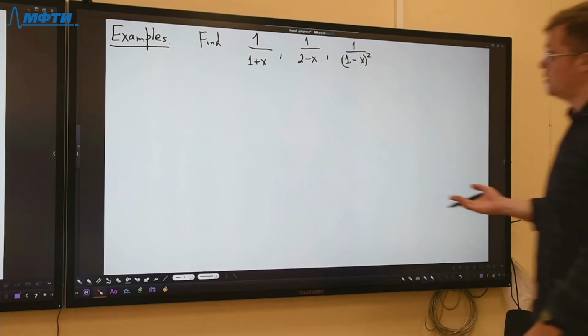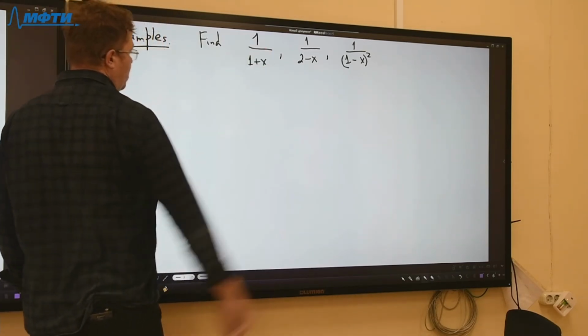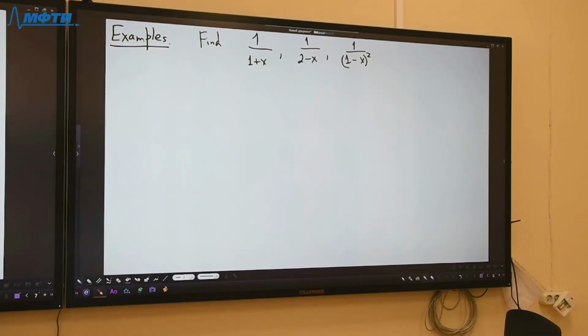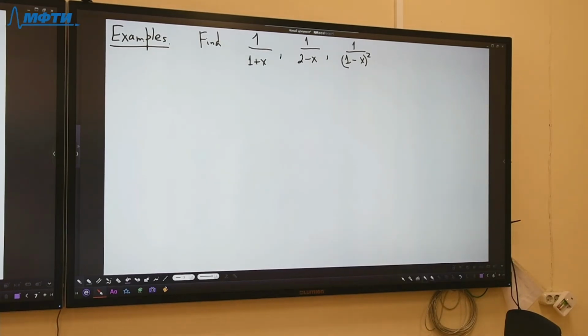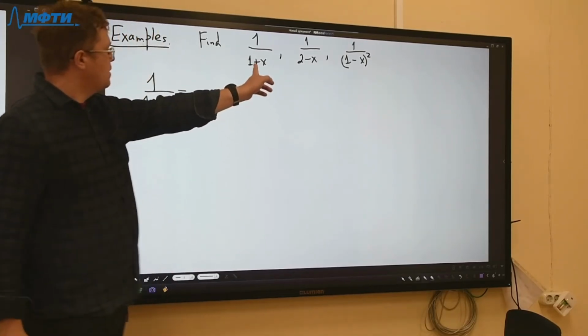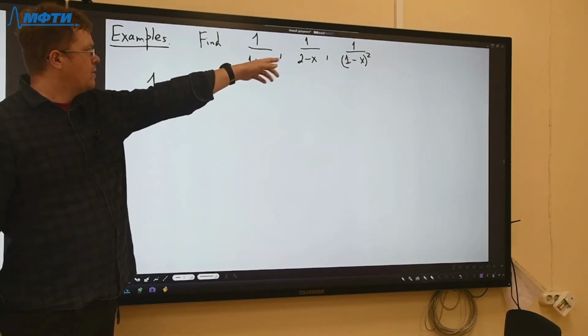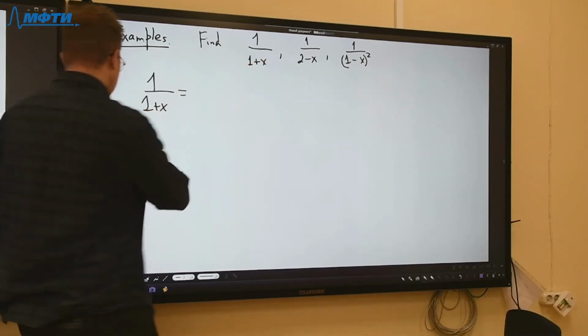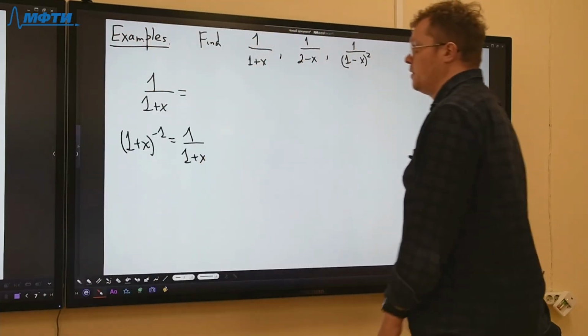I want you to find, by which I mean you should express the formula for an. 1 over 1 plus x is the inverse of the formal power series 1 plus x, so you just need to express what an is, the nth coefficient of the formal power series. 1 plus x is a formal power series where all coefficients from x onward are 0, and it is invertible.